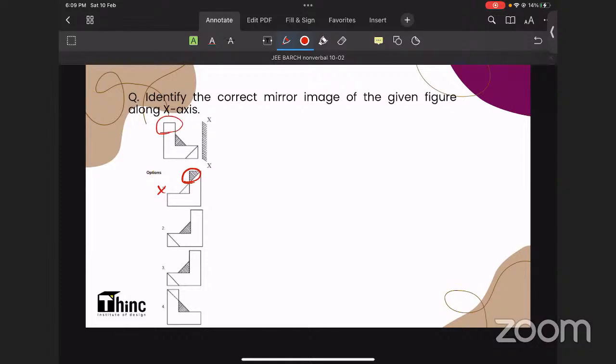Coming to the other options, there will be left to right changes. Nearer will reflect nearer and farther will reflect farther. This is the orientation which we required. It has not happened in option 4.